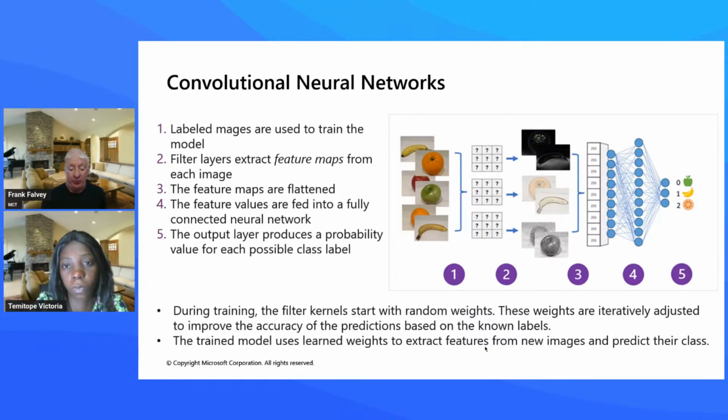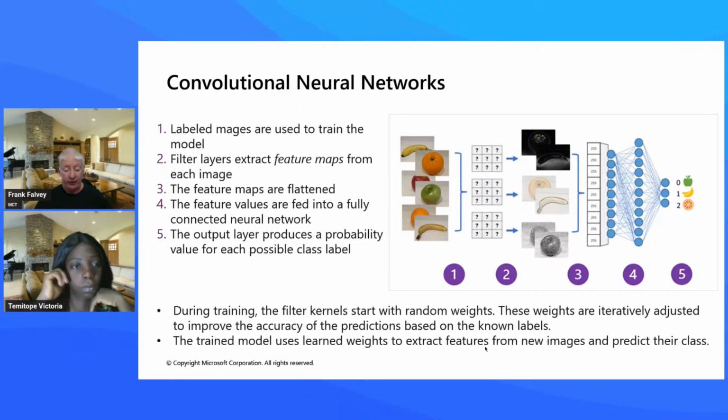Then as the training process progresses, the model's predictions are evaluated against known label values, and the filter weights are adjusted to improve the accuracy. Eventually, the trained fruit image classification model uses the filter weights that best extract features that help identify different kinds of fruit.